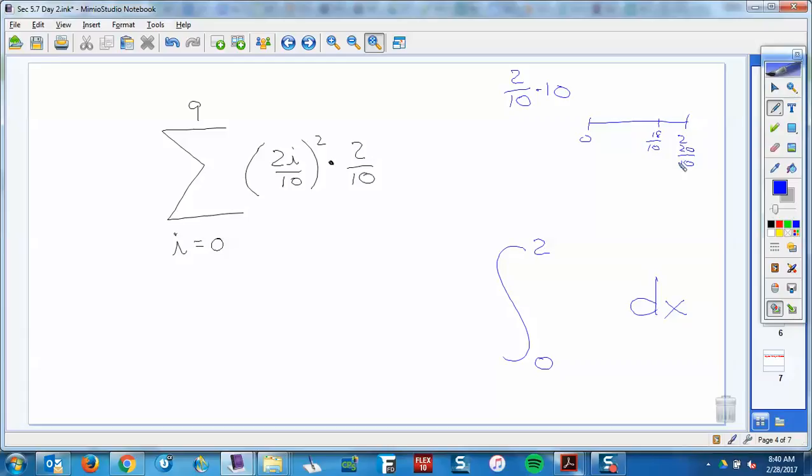If you know the left edge is 0 and the total width is 2, then you know it must go 0 to 2. Or you can get the right edge by plugging in your last number. You're saying 18/10. Okay, these are left rectangles, so the last left rectangle should be 1 width short of the right edge. So 18/10 is 1 width short of 20/10, which is 2. So that's why the right edge is 2. Does it make sense? So you can get the left and right edges either way.